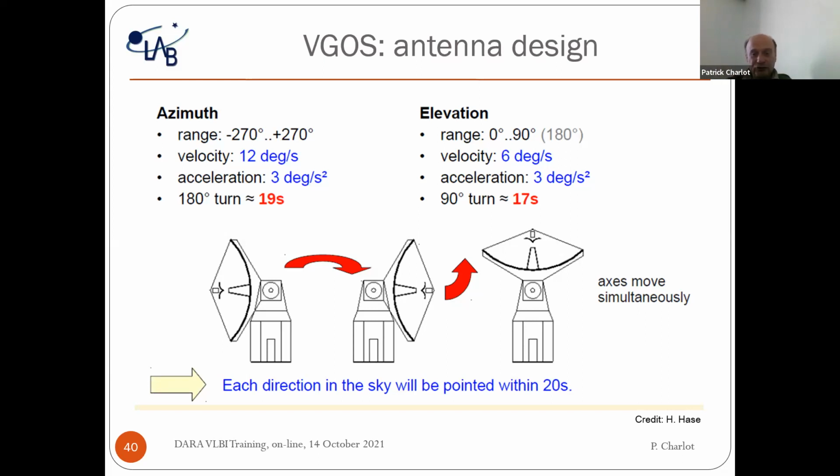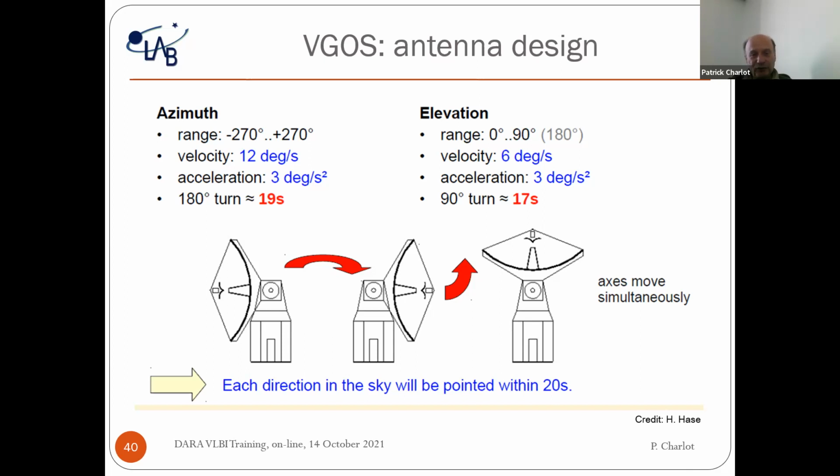So the conclusion is that if you want to increase the number of observations, you need antennas that move faster. And if you want antennas that move faster, the antennas must be smaller, because you cannot move a big dish very fast.